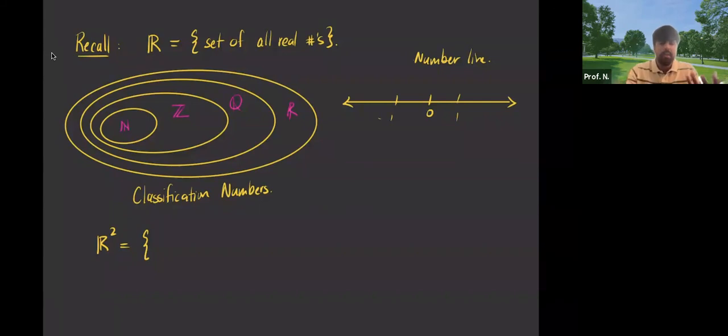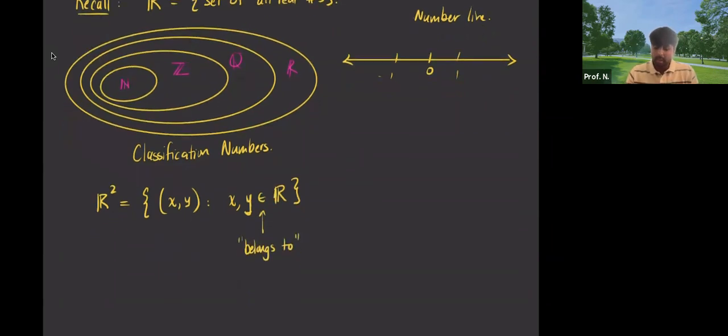So then we say that it's an ordered pair, X and Y, such that X and Y are in the reals. I don't know if you guys have seen this symbol before. This symbol means belongs to. And this is known as the XY plane, also known as the Cartesian plane.